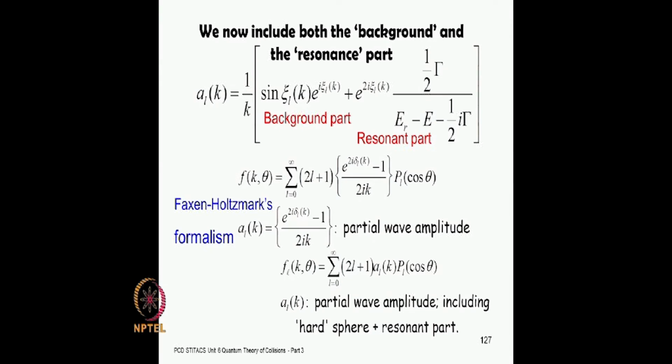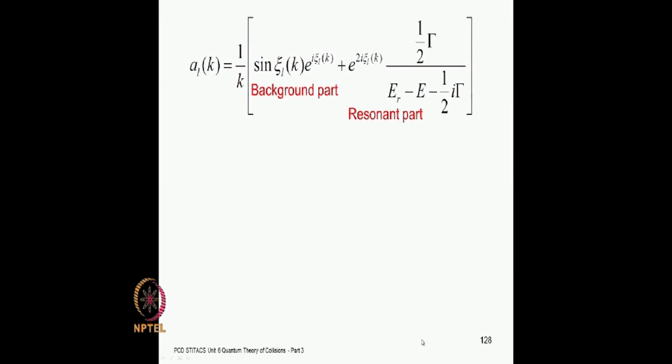So, now the actual amplitude that should go in the expression for the scattering amplitude is the complete partial wave amplitude, which includes not just the hard sphere part, but it also includes the resonance part. So, both the parts have to be included. So, let us do that.